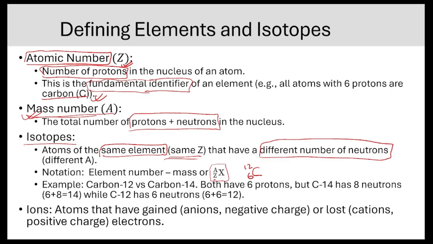So when we want to represent carbon, we can either write in this form, where we have the mass number, the symbol of the element, and the atomic number, or we can also write it as carbon-12. And if it's an isotope, we can say carbon-14, and this 12 is the mass number.